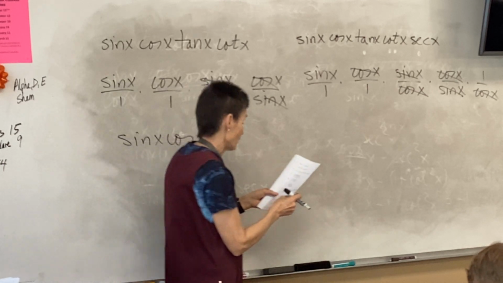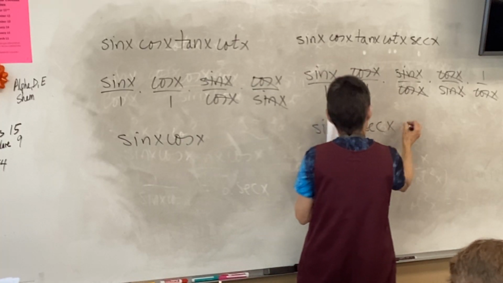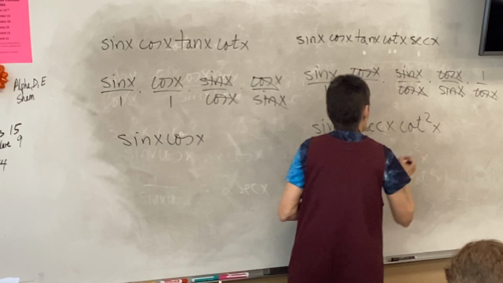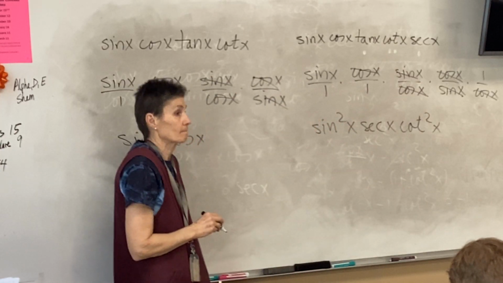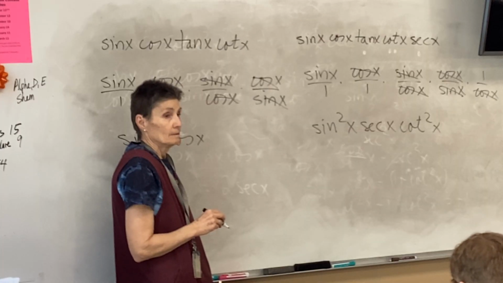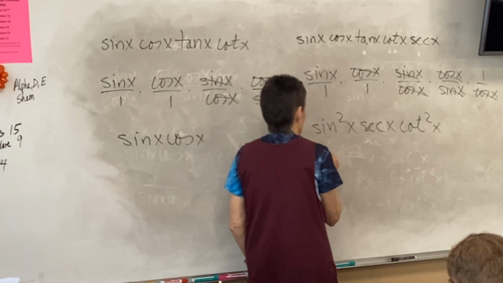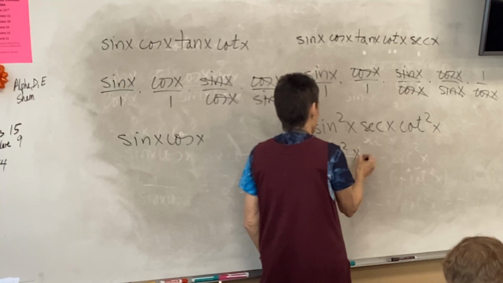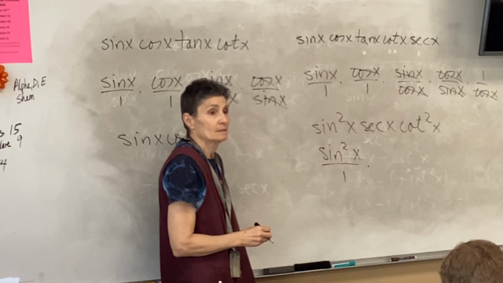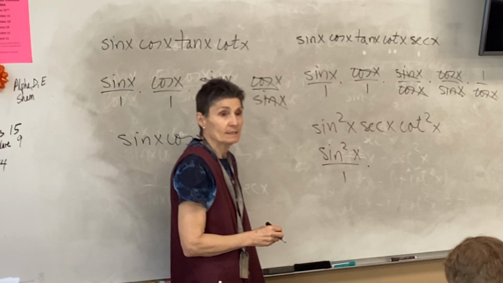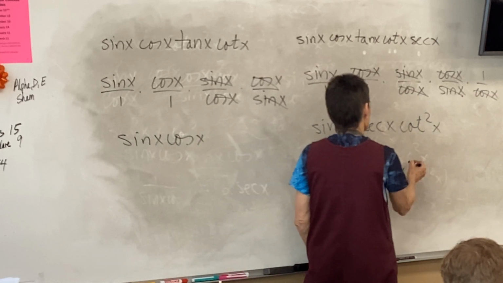All right, one more, number 19. All right, so here we go. Can't do anything with a sine. But what about a secant? What's secant? 1 over cosine. It is not squared, it's just 1 over cosine.